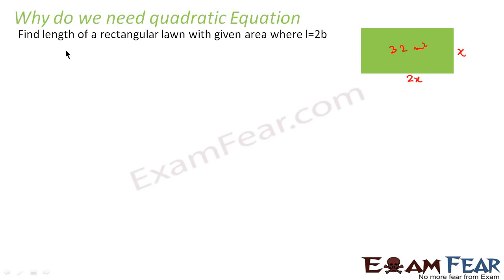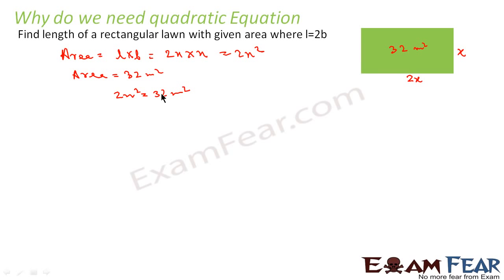Area of lawn is nothing but length into breadth, which is 2x into x, that is 2x square. And we are also telling that area is 32 meter square. So we can say that 2x square is equal to 32, or we can say that x square is equal to 16.